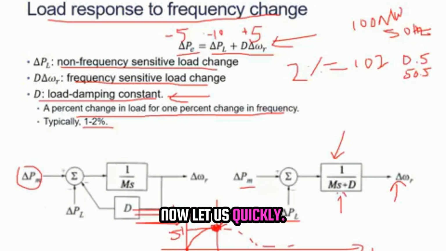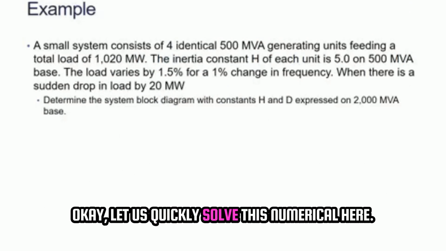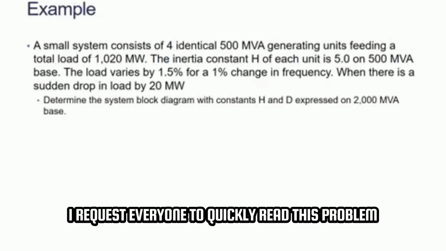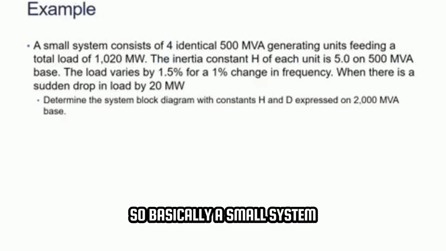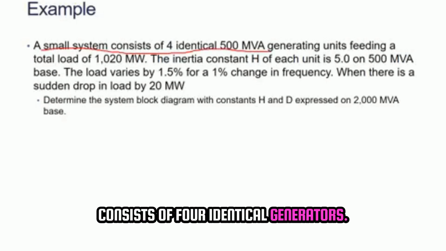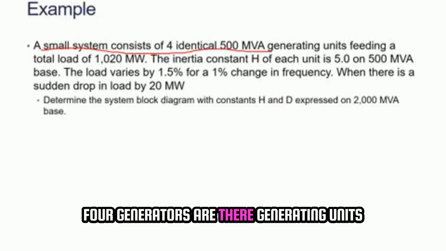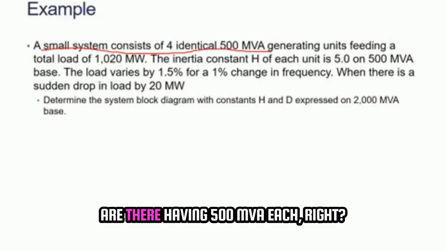Now let us quickly solve this numerical here. I request everyone to quickly read this problem along with me so that you get the idea of it. Basically a small system consists of 4 identical generators, generating units having 500 MVA each.